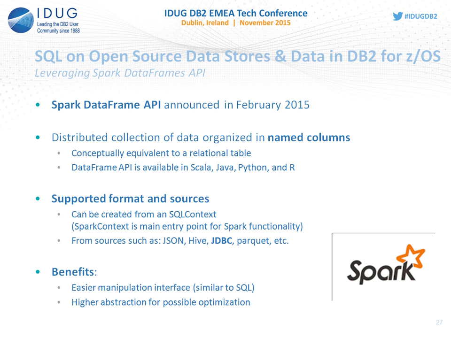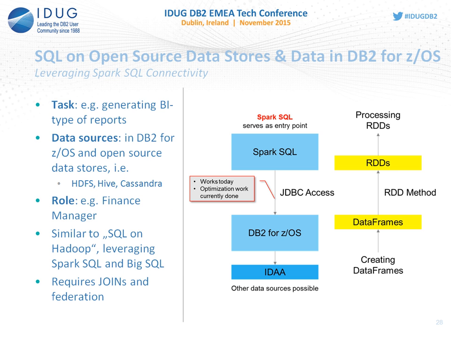Right? So here I have a little picture on how that works. You would basically come from Spark SQL. You can use the JDBC access or the enhancements that we provided to access Db2 for z/OS. Underneath, you may even leverage the IBM Db2 Analytics Accelerator for acceleration purposes, right? And it's basically done through data frames, and the RDD method will expose the data into the RDD abstraction.